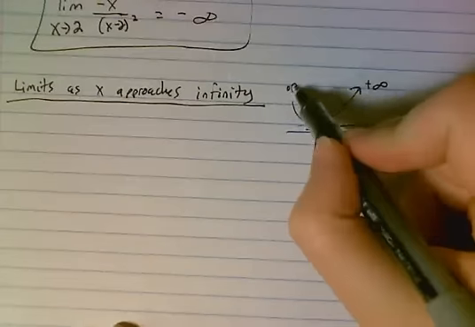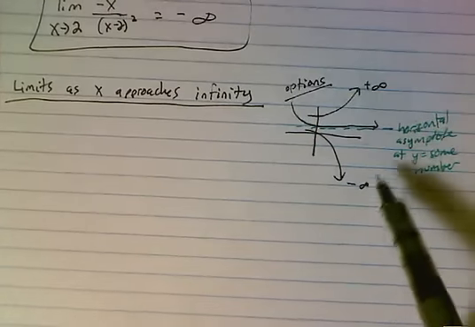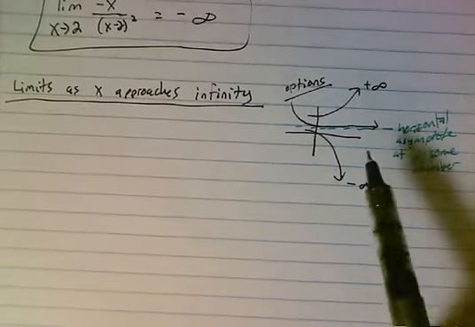These are sort of the three options that we have. The limit could be positive or negative infinity, or it could be some particular finite number.